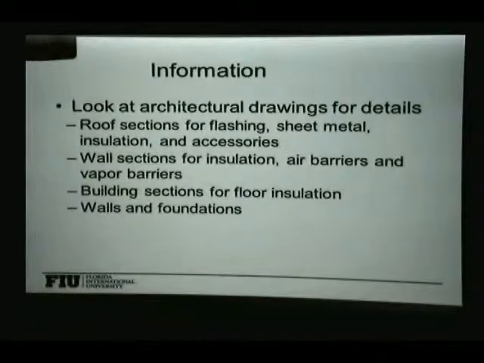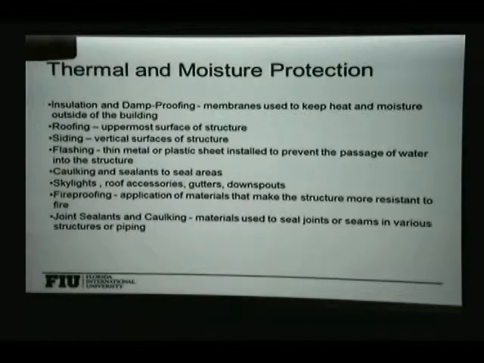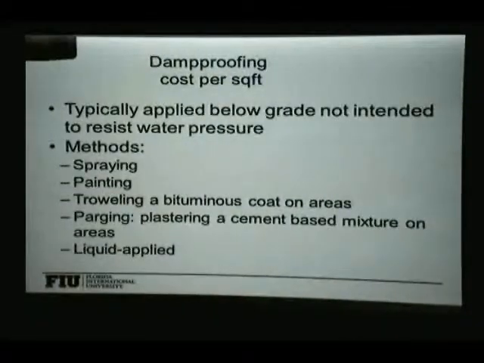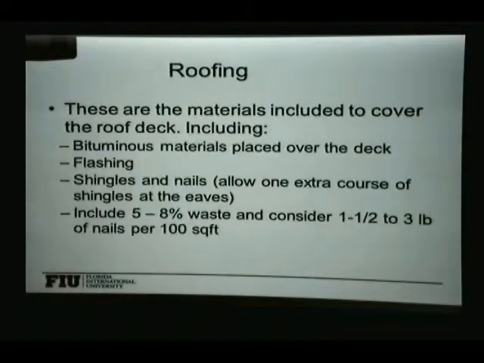I don't see that information here anywhere. Or maybe later on. Then there is damp proofing to prevent water coming inside the building. There are different methods to prevent water from coming in.